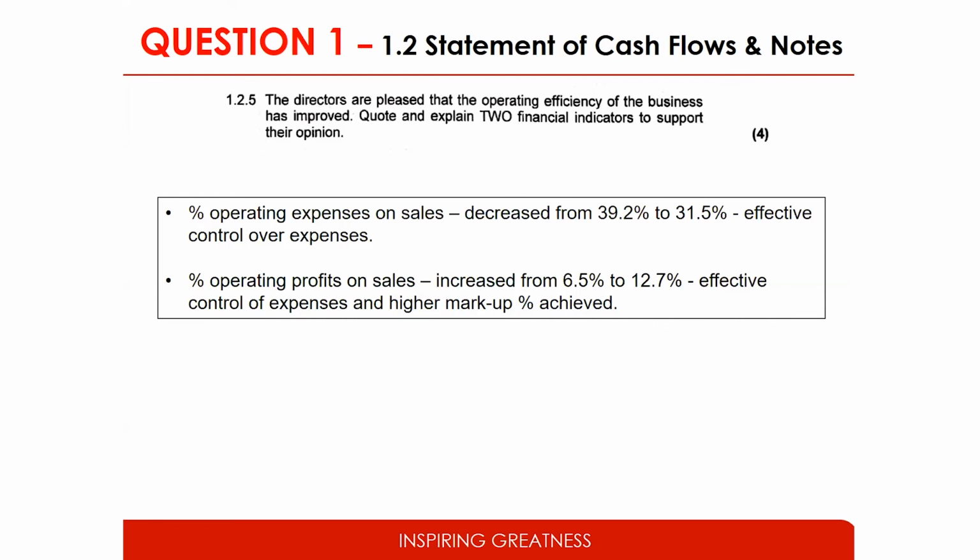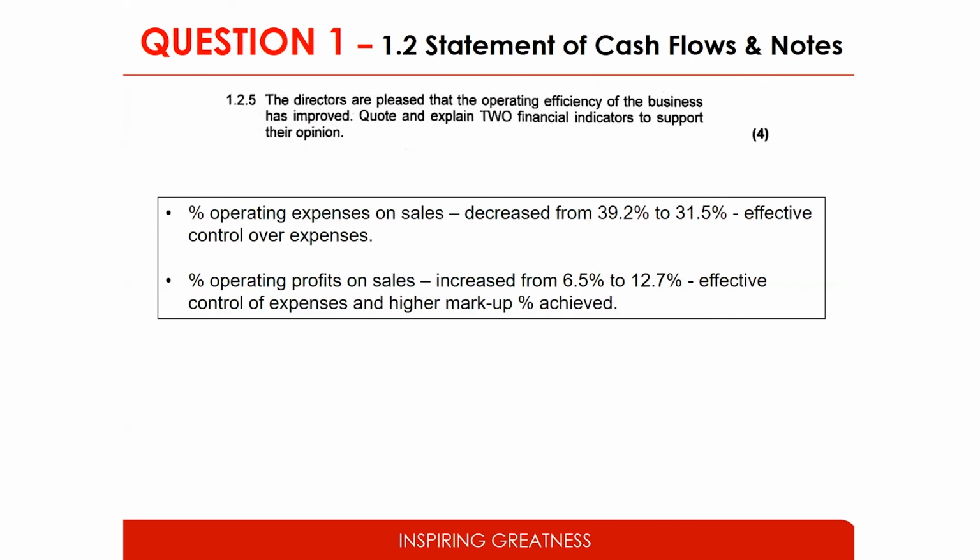The first one that we will look at is the percentage operating expenses on sales, which has decreased from 39.2 to 31.5. That clearly means that management were able to effectively control their expenses.